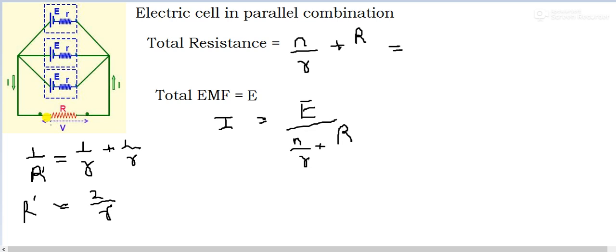Now if you want to find value of V, in this case also V would be I into capital R. So you can put the value of I, which is here, and you will get the formula of V. So this is electric cells in parallel combination, and these formulas will be helpful to you in questions regarding this combination: total resistance, total EMF which would remain the same, I, and value of V.